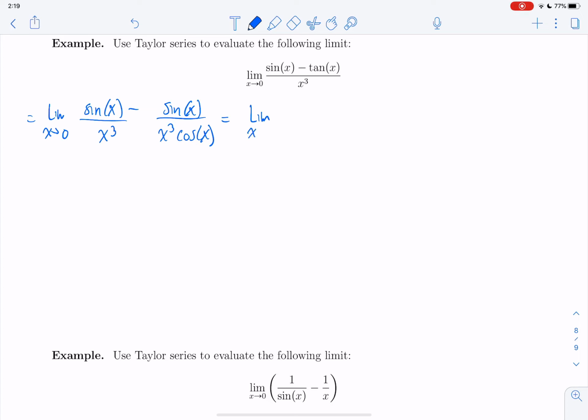If we write the limit as x goes to 0, we're going to have first 1 over x cubed times sine x, which we know is just x minus x cubed over 3 factorial plus x to the 5th over 5 factorial, etc. Minus, well, the top is a sine, which we know is exactly the same thing.